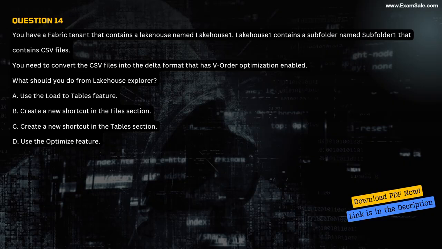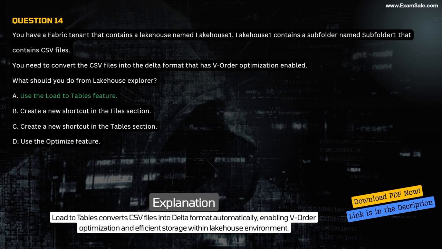B. Create a new shortcut in the Files section. C. Create a new shortcut in the Tables section. D. Use the Optimize feature. Correct answer A. Use the Load to Tables feature. Explanation. Load to Tables converts CSV files into Delta format automatically, enabling vOrder optimization and efficient storage within the Lakehouse environment.